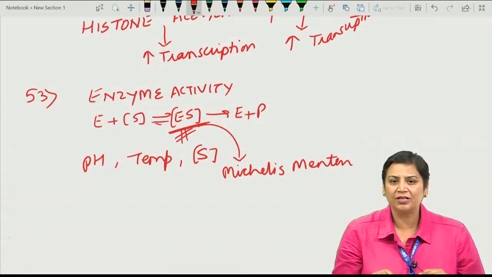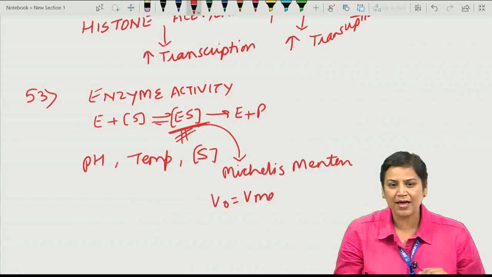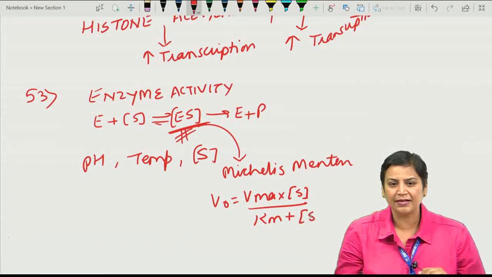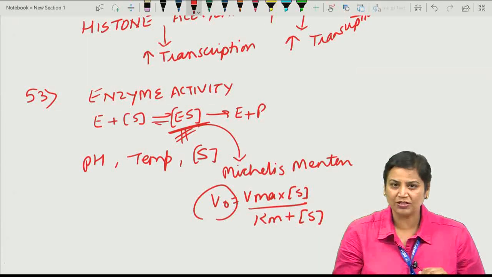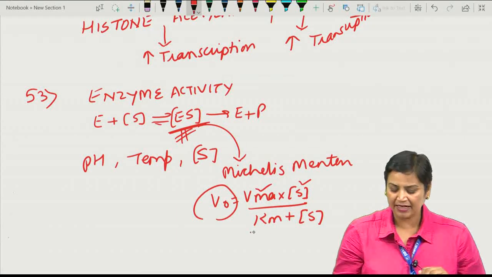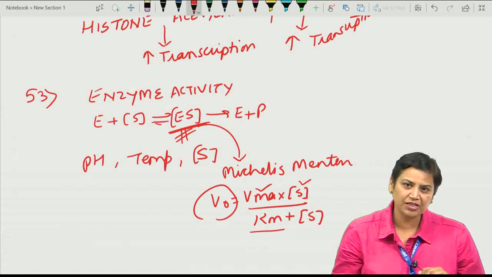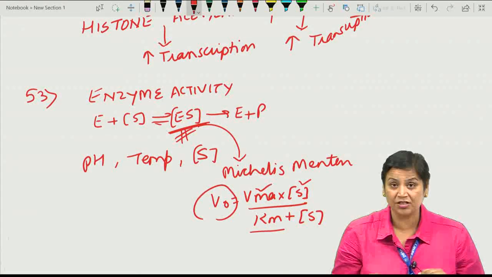They gave an equation to explain the kinetics of the enzyme, and the equation given by Michaelis-Menten is V0 equals Vmax S over Km plus S, where V0 is the initial velocity, Vmax is the maximum velocity, S is the substrate concentration, and Km is the rate of association as well as rate of dissociation.